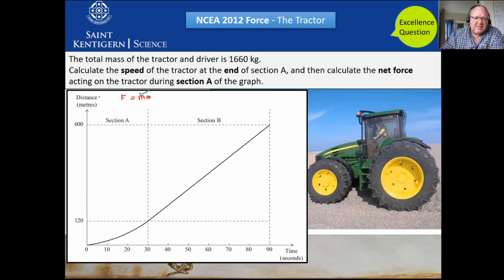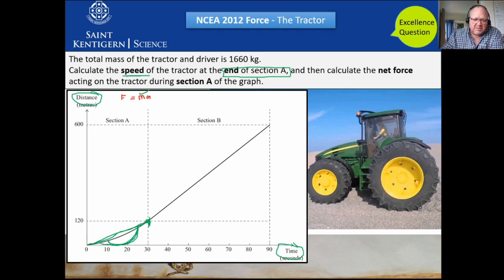Now this is a distance time graph, and what they're asking us is to calculate the speed of the tractor at the end of section A. That is a very nasty question, because when they say end, they are talking about that point in time. They're not talking about this whole thing, because that is the average speed. Now this section over here is acceleration.